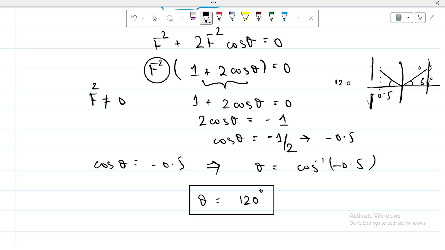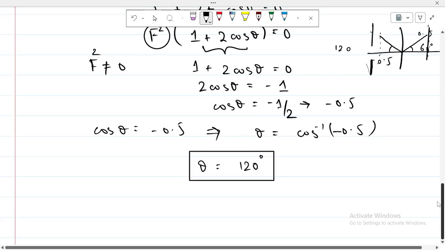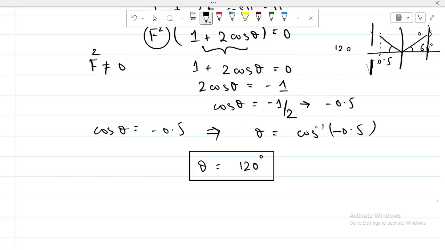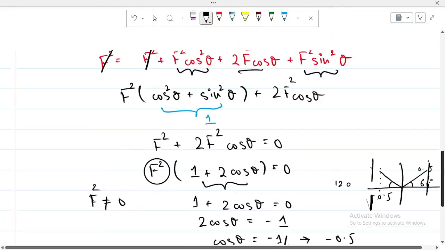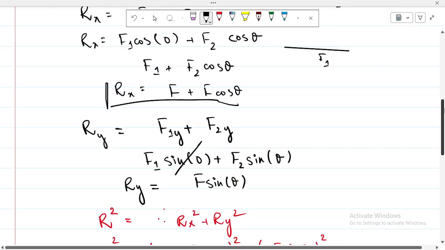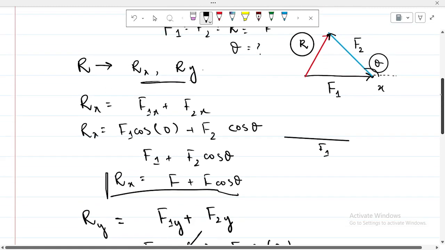And here the angle is not 60, it is instead 120 degrees. So that's how we find out that theta is 120. So this angle is actually 120 degrees. Anyway, so this was the solution.